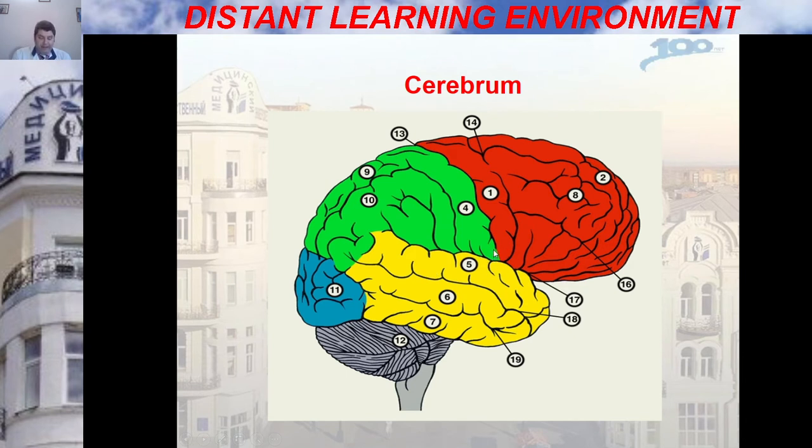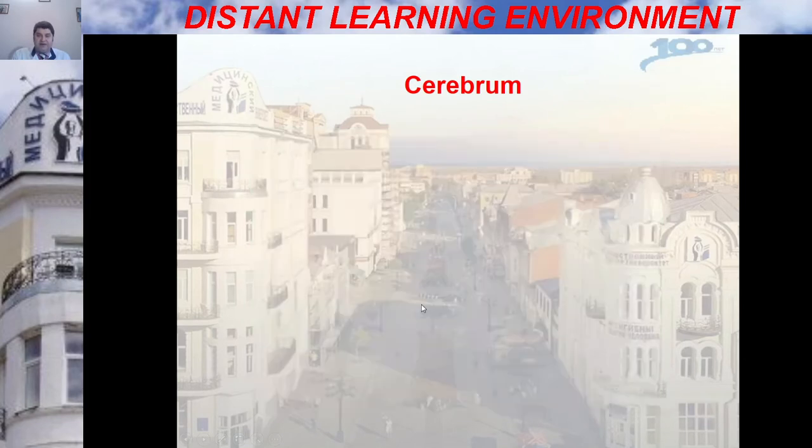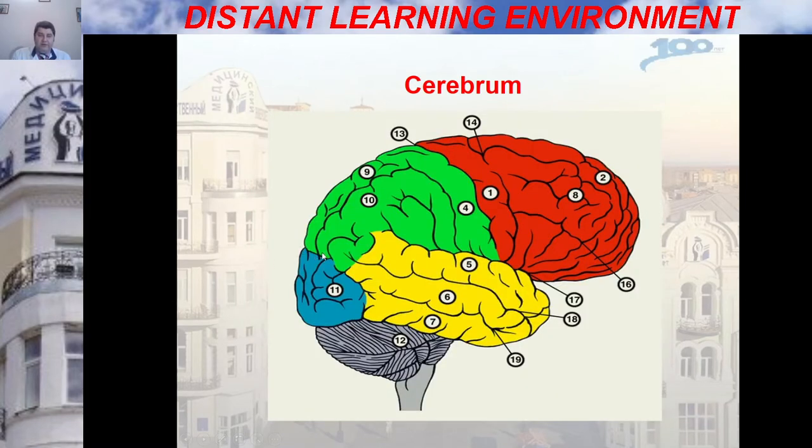Next you may see the central sulcus, number 13, between red and green colors, between frontal and parietal lobes. And also you may see part of the third sulcus here, which begins on the medial surface, number 14. It passes onto the superior lateral surface, particularly you may see it here, and divides two lobes, the parietal lobe from the occipital lobe, green from blue.